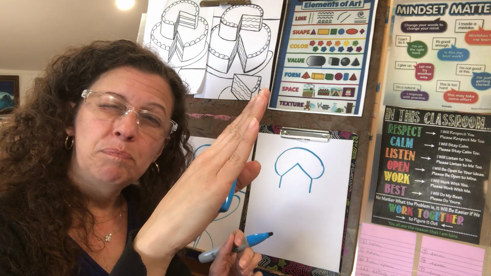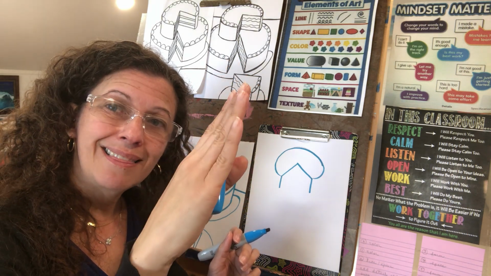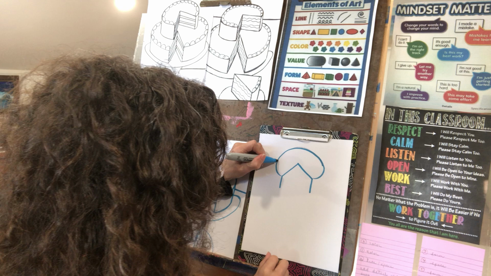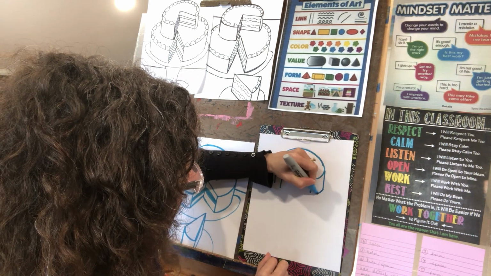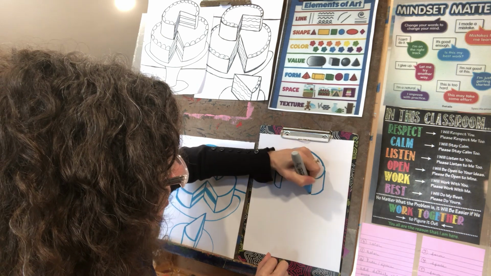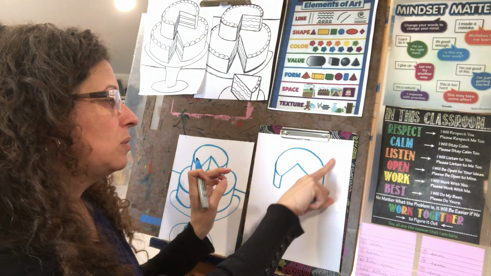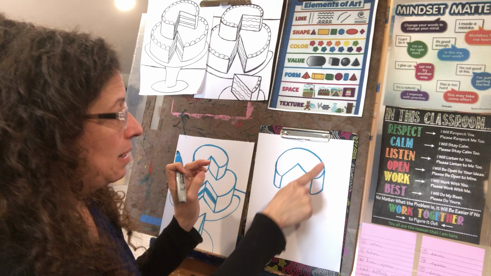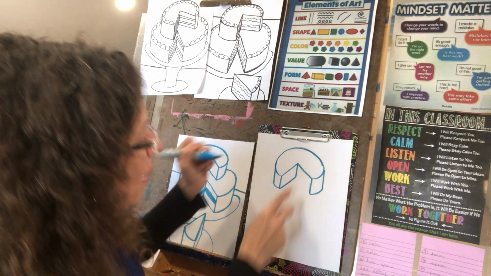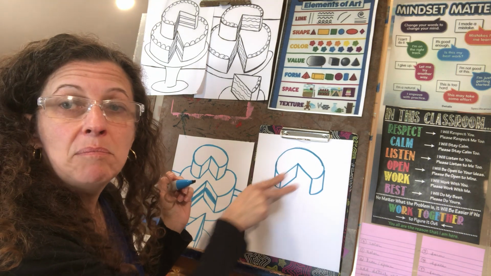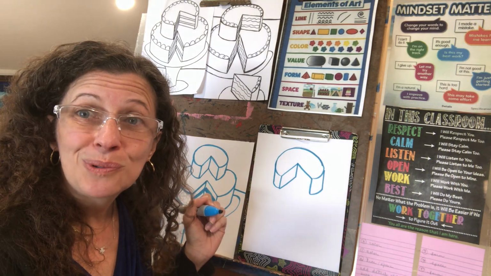If you draw your lines on an angle or slant them diagonally, it's going to appear as though your cake is falling over. So here we would make two more lines. We would connect the bottom so that it was parallel with the top and create a curved line. Again, parallel lines. Parallel meaning what? Who knows?